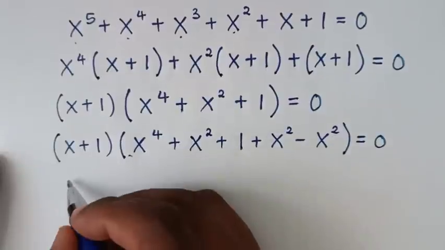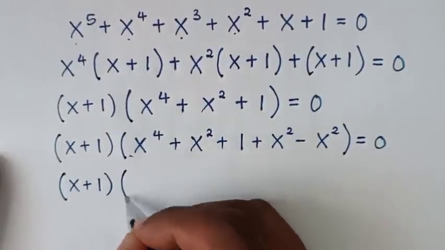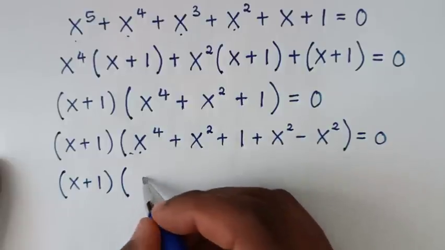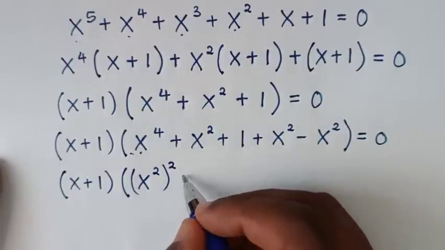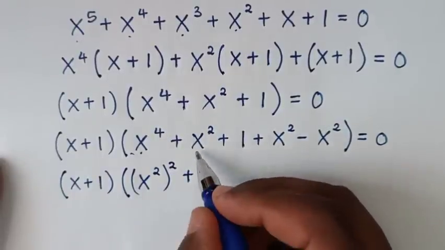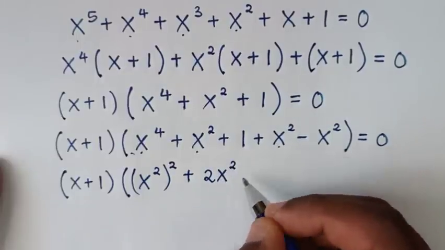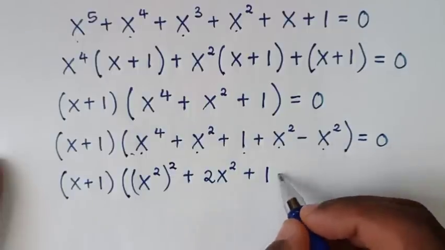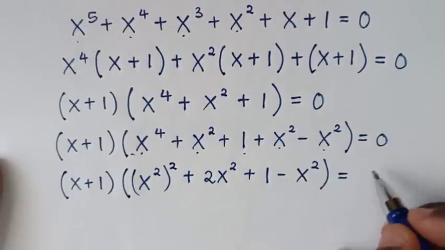Then in the next step, it will be x plus 1 bracket, then bracket. Into here, this x^4 is the same as (x^2)^2. Then plus here x^2 plus x^2 is 2x^2. Then plus 1, then minus x^2, bracket is equal to 0.